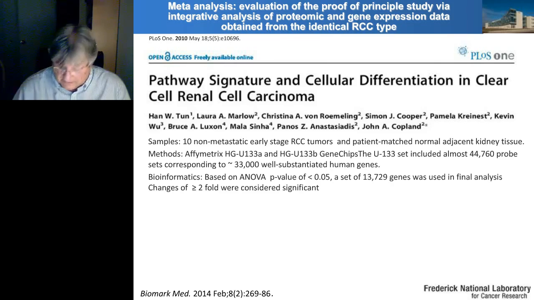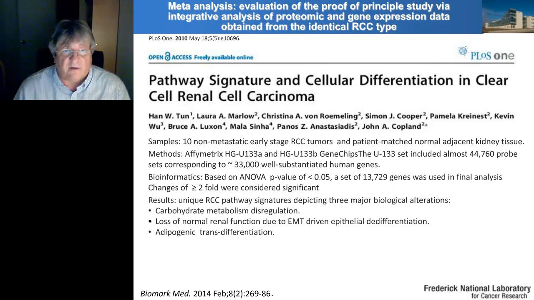Obviously, we don't have the luxury to amplify proteins, but anyhow, their results were that the unique pathways depicting renal cell carcinoma are carbohydrate metabolism dysregulation, loss of normal renal cell function due to epithelial dedifferentiation or EMT, and adipogenic transdifferentiation.